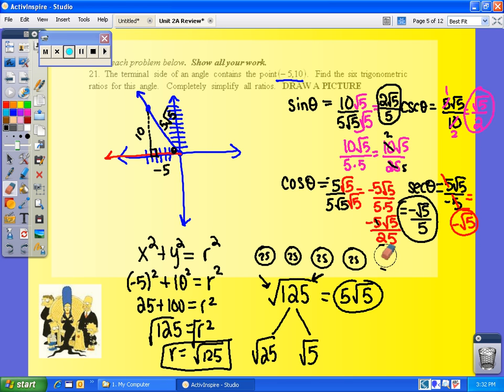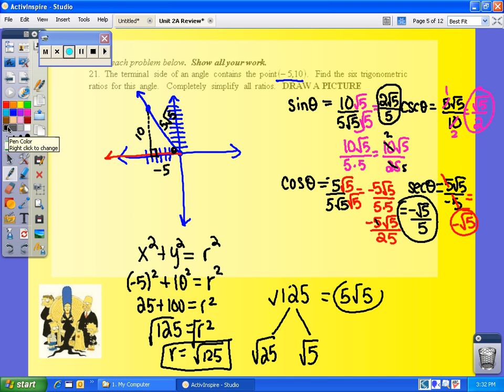Alright, let me erase my quarters so I can write tangent. Tangent is simple. That's equal to opposite over adjacent. So that's 10 over negative 5, which is simply equal to negative 2.